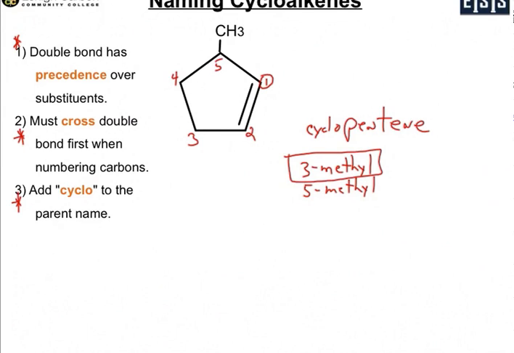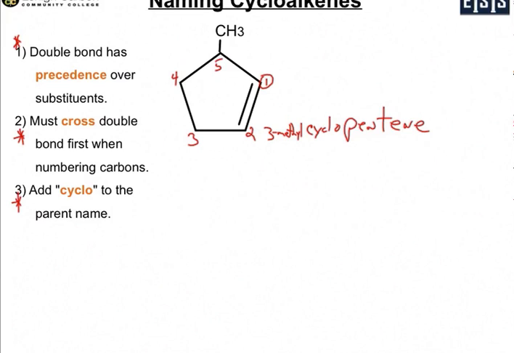And so in this case, we're going to select number 1 carbon to get a 3-methyl group. So our answer for the name of this compound is 3-methylcyclopentene.